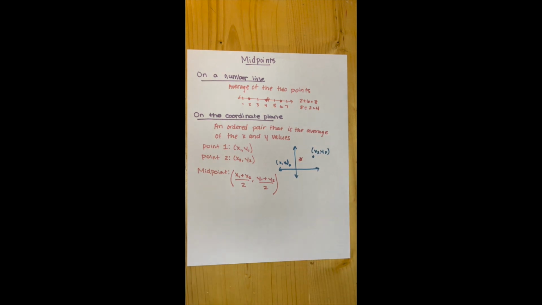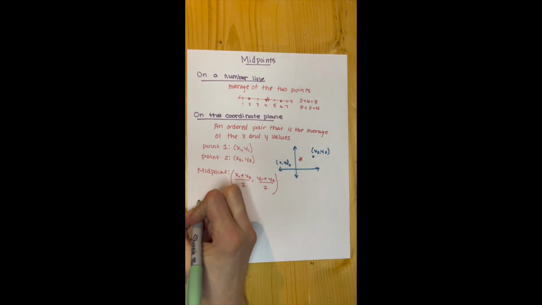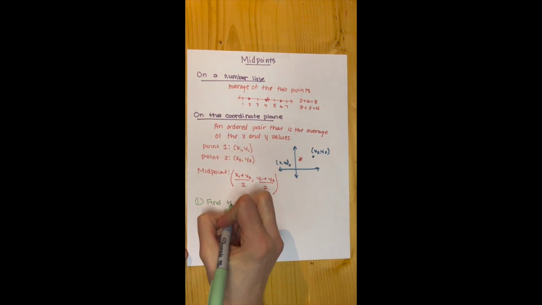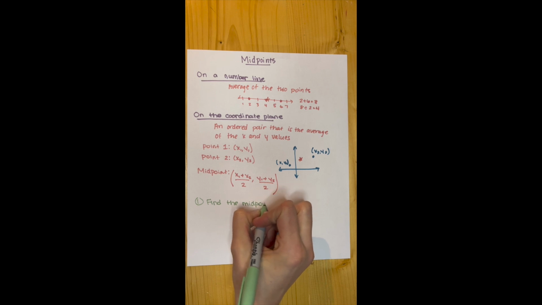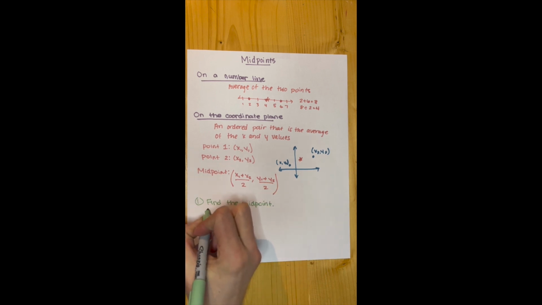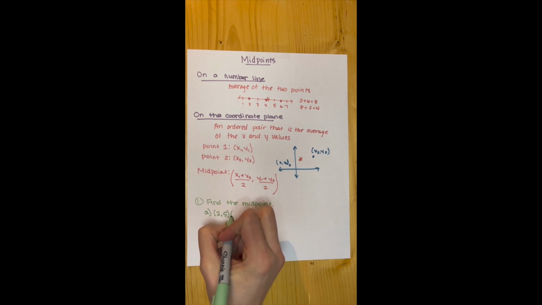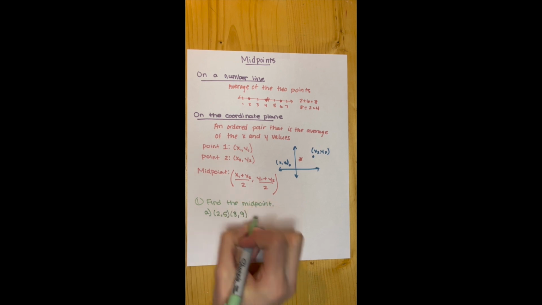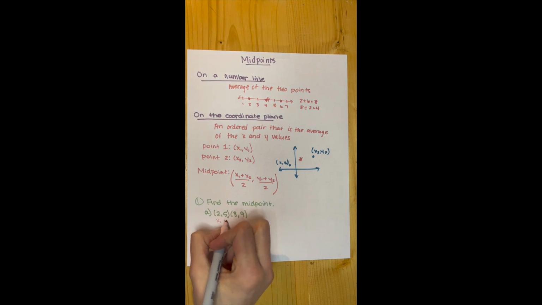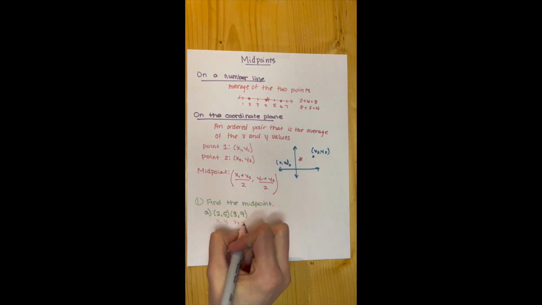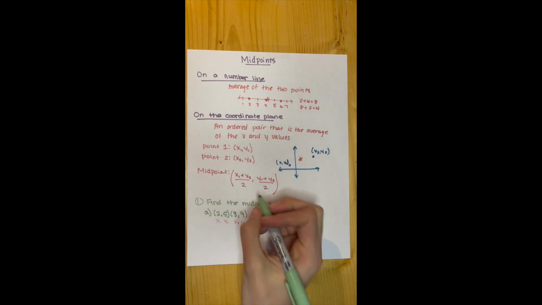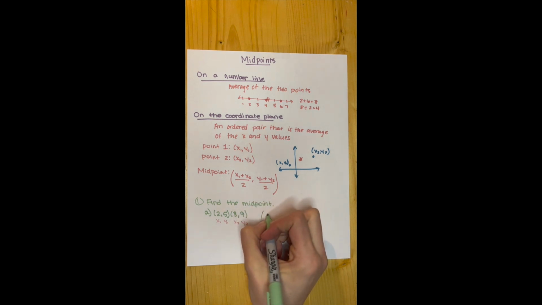So, number 1 here, the instructions are going to say just find the midpoint. And the points that we are given are 2, 5, and 3, 9. Now I'm going to label them here x1, y1, and x2, y2, just so we can keep our points in the right order.